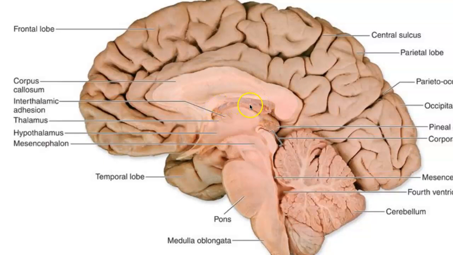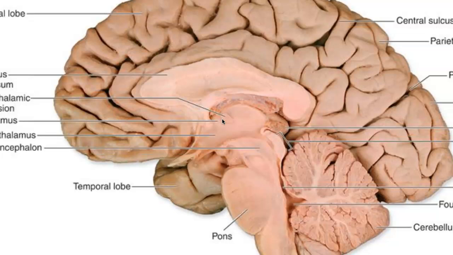So here, this little purplish stuff up here, this is actually the choroid plexus of the third ventricle. Back in here, remember, this is the back side. This is the pineal gland. Here is the thalamus. I don't know if you can see the interthalamic adhesion. It's not real easy to see interthalamic adhesion right there.